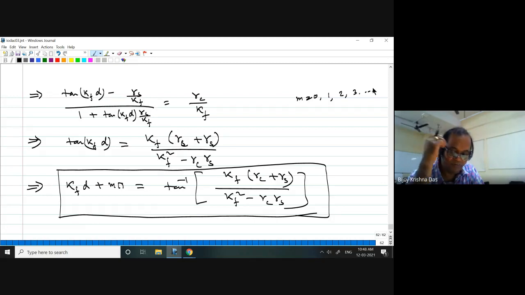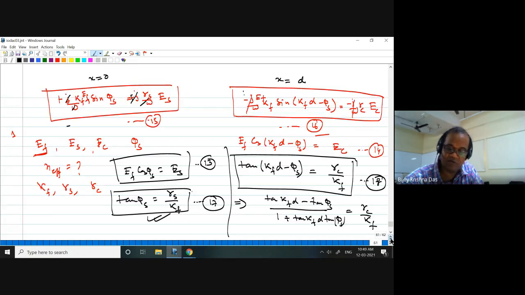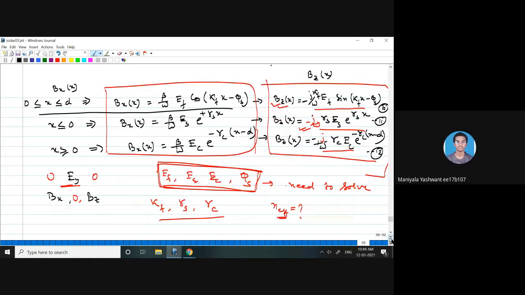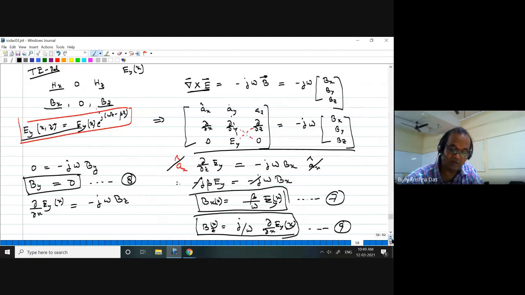What is unknown? If you check the kappa F expression, gamma S expression, gamma C expression, all our expressions are given, right? Earlier we discussed. Go back there, then you will realize. Exactly, the N effective.